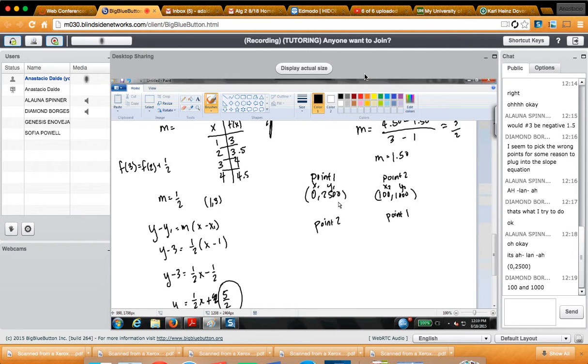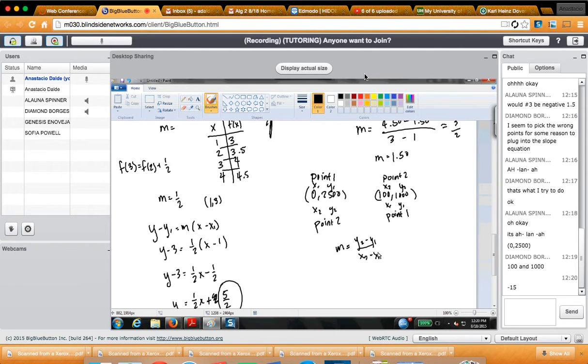So if it's asking you for y2, you plug in 2,500. For Diamond and Aulani, I want you to do the switch. I want to see if your answers are the same, or if they're different, or what the difference in the answer is going to be. So point 2 would actually be like x1 and y1? Yeah, this will be your x1, y1, and x2, y2. So you plug it into this equation. When you get your answer, please let me know.